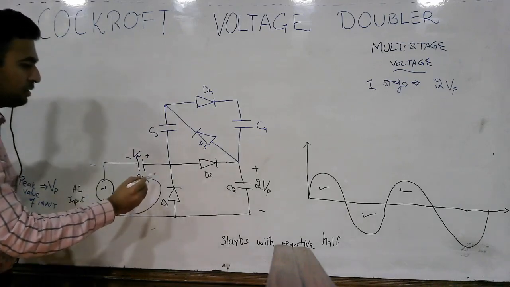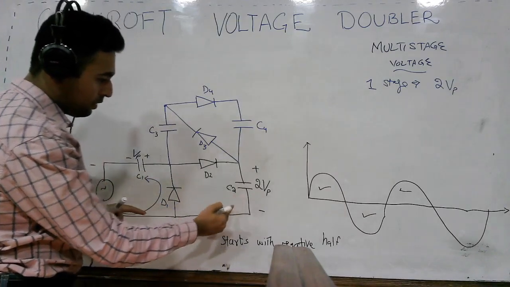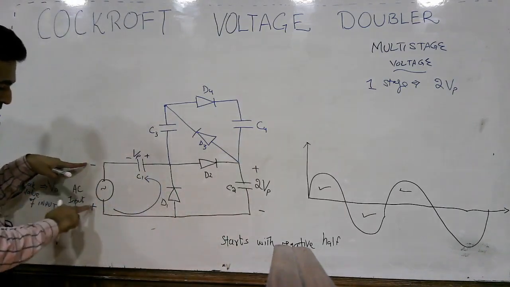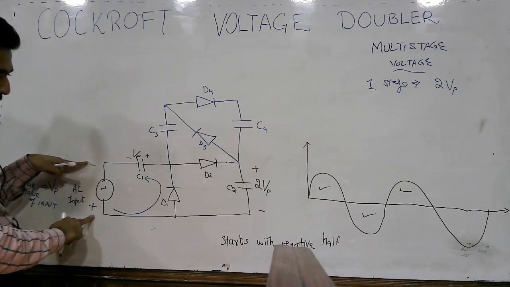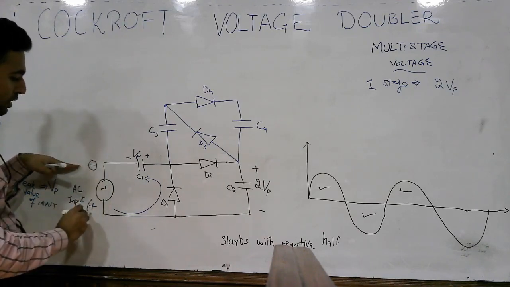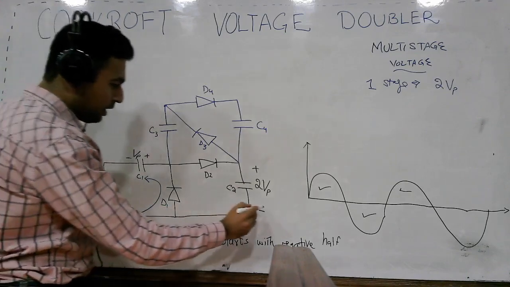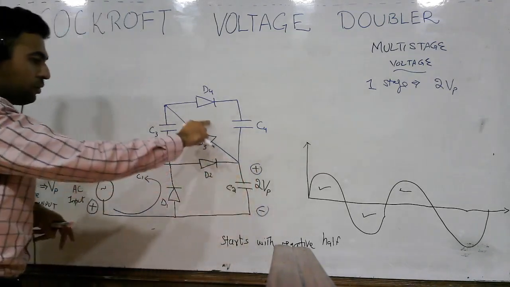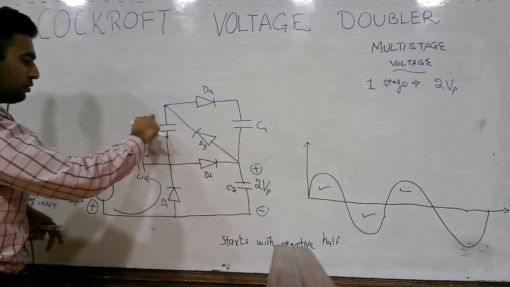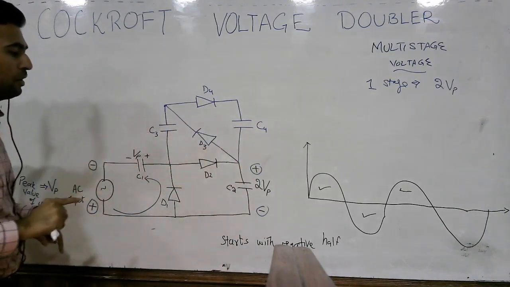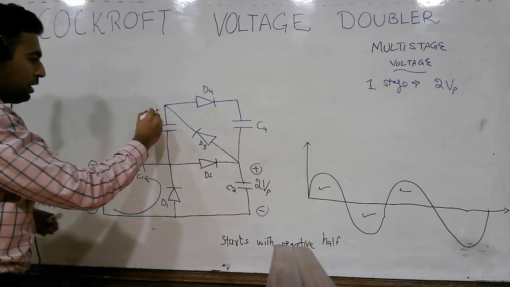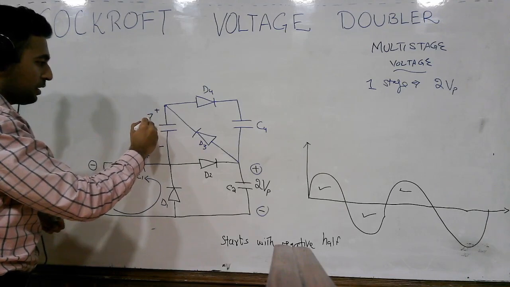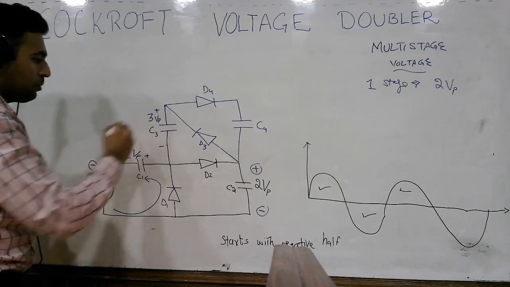Not only does this capacitor charge, but this capacitor along with this polarity, minus, plus and minus, plus, will discharge through diode D3 into the capacitor C4. So the charge here will be plus minus 3 Vp.